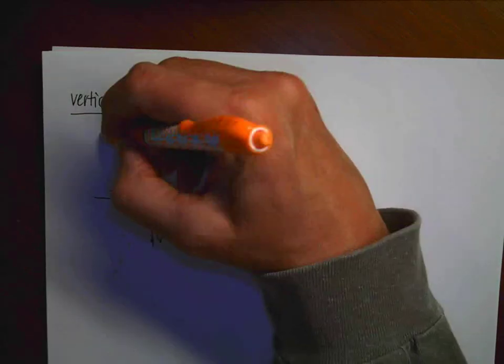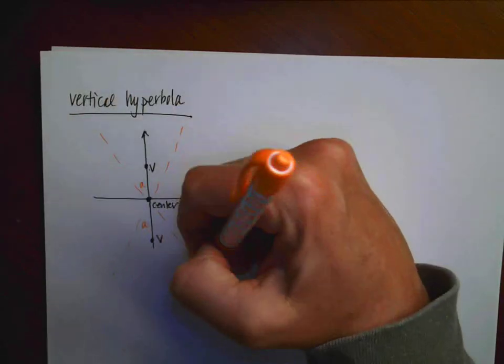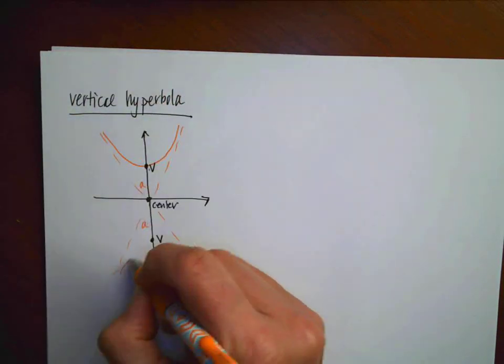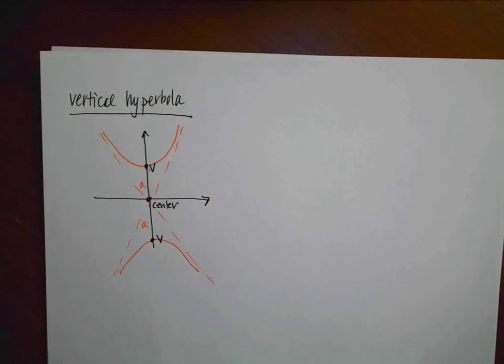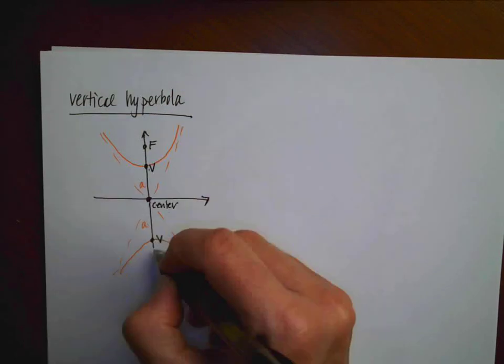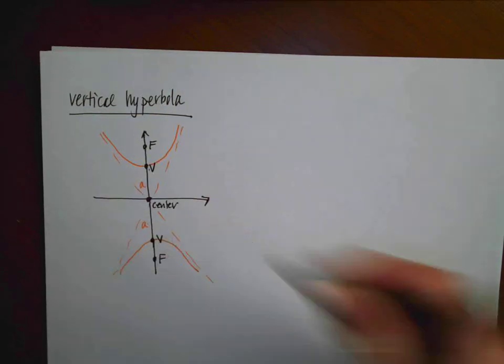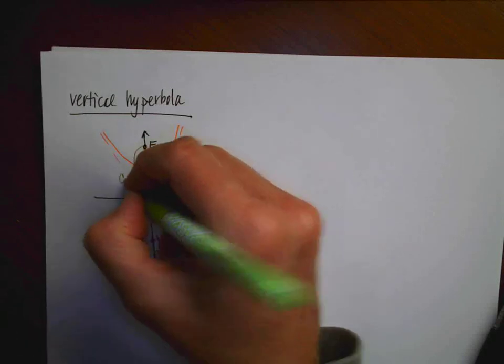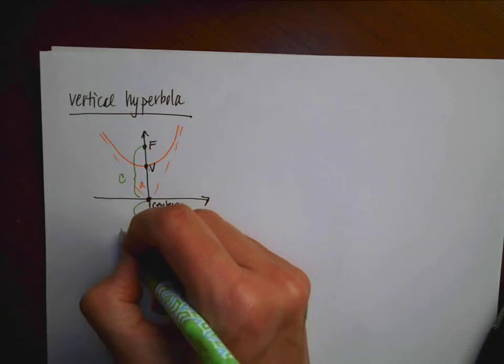Here's going to be my asymptotes. The asymptotes push the steepness of your hyperbola. This one looks a little bit better than the last one. The last one was kind of crappy. The c, my foci, are going to be on the inside of my curves. So my c is going to be the distance from the center to the focus.